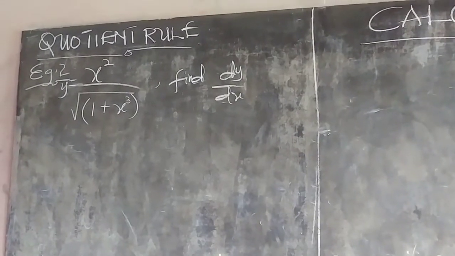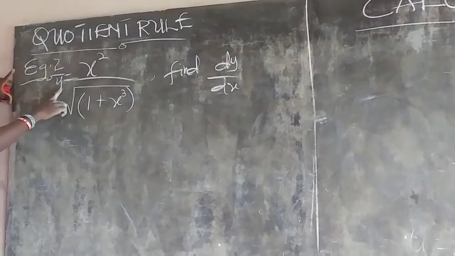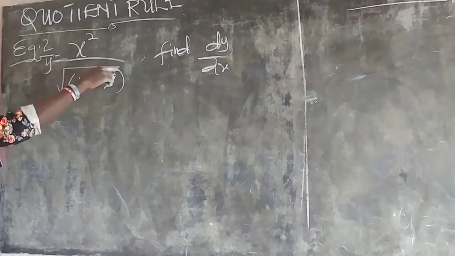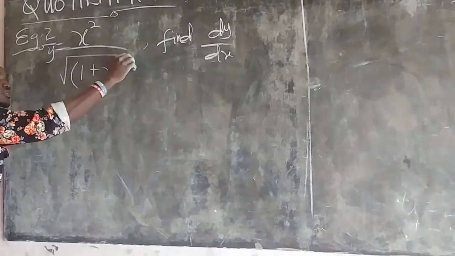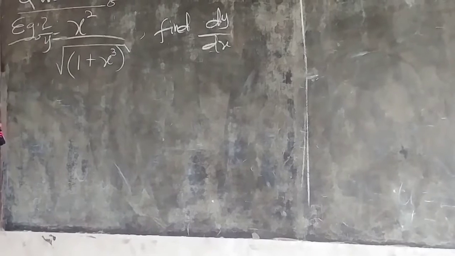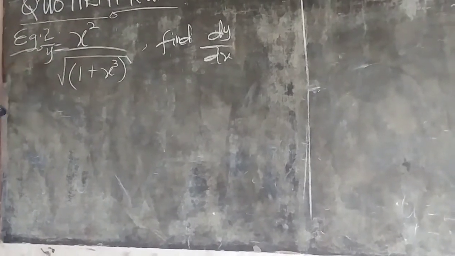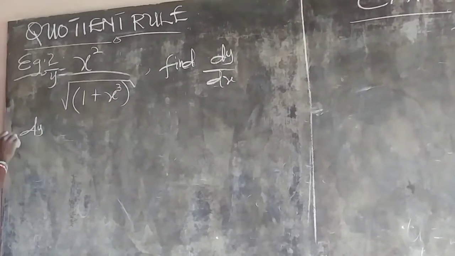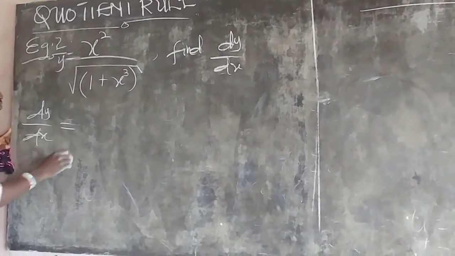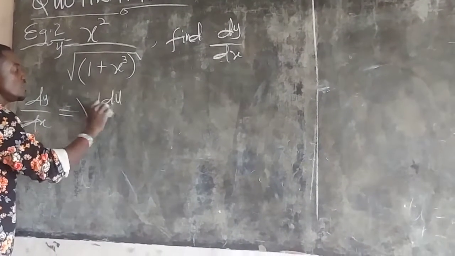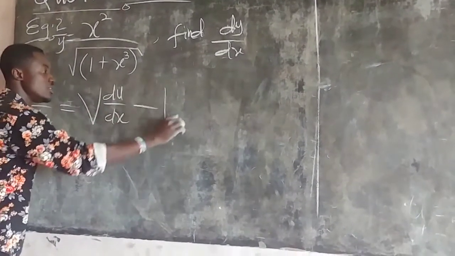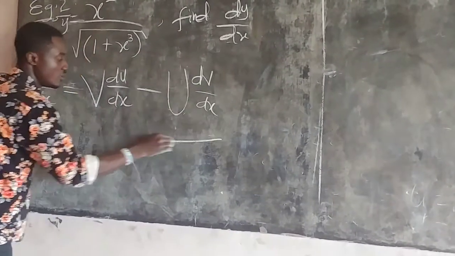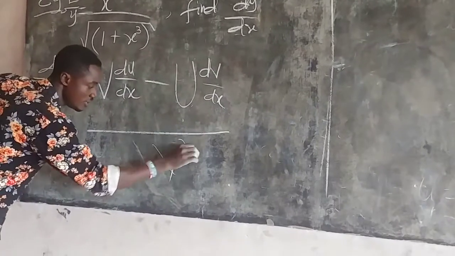Okay, so illustrative example 2. We have y is equal to x squared over the root of 1 plus x cubed. Find dy/dx, so you have to differentiate this function. We are still using the quotient rule. It says that your dy/dx is equal to v du/dx minus u dv/dx, all divided by v squared.